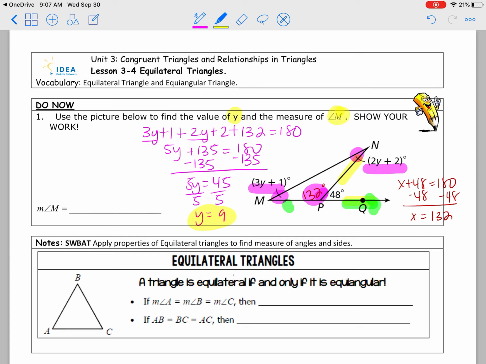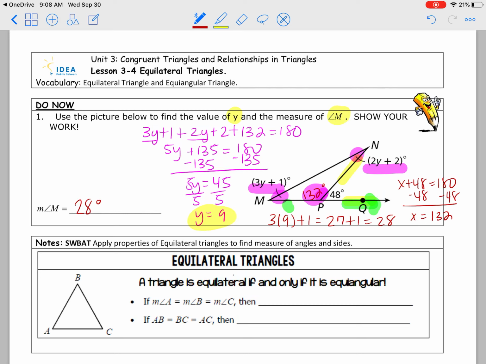The next part is to find the measure of angle M. So M is 3y plus 1, so substitute the y value: 3 times 9 plus 1. 3 times 9 is 27, plus 1 is 28. So angle M equals 28 degrees.